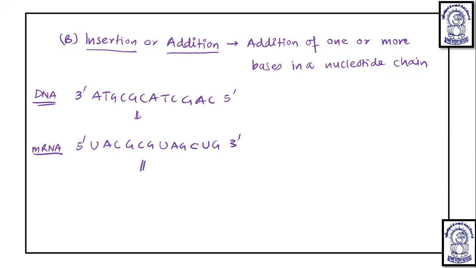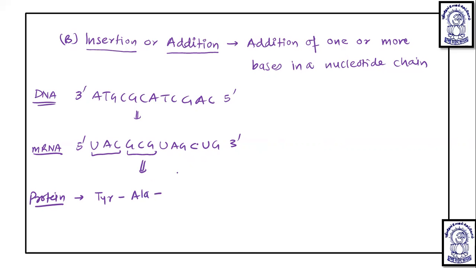Now, if we look at the amino acid sequence, UAC is going to code for tyrosine, then the next codon on the mRNA is GCG, which codes for alanine.